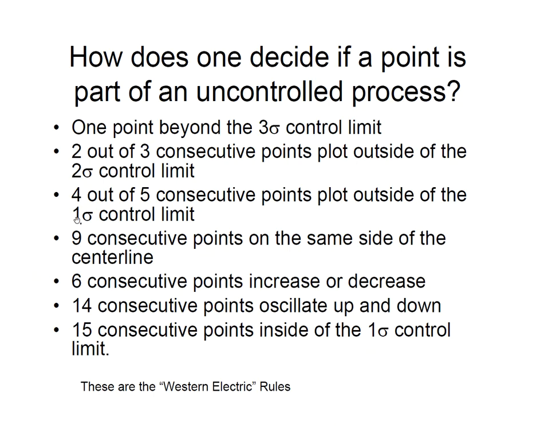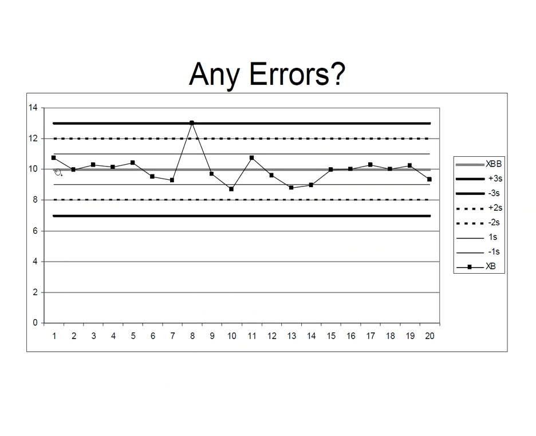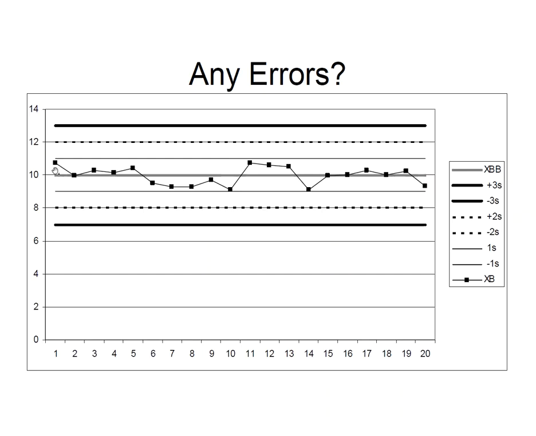Okay, so 9 consecutive points on the same side. 15 consecutive points inside the 1 sigma. So 1, 2, 3, 4, 5. Or go all the way to the end. So they all are. There's 20 points.